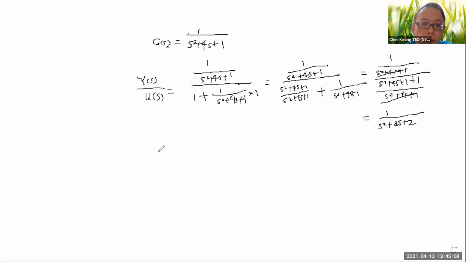So the question asks you to determine the K value such that the system will oscillate. In order for the system to oscillate, we need to know that the roots of the equation must be complex, that means the roots of this denominator here. How to check the roots of the denominator?